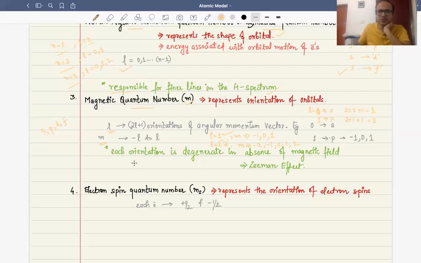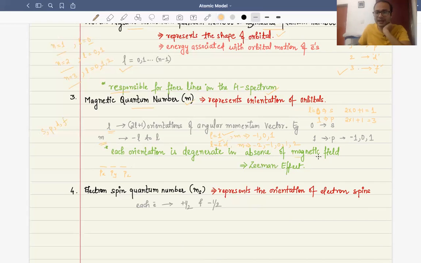Each orientation is degenerate in the absence of a magnetic field. So if I talk about p orbital, you have 3 p orbitals possible, which are represented as px, py and pz. And each of these orbitals is degenerate, that means they are equal in energy.